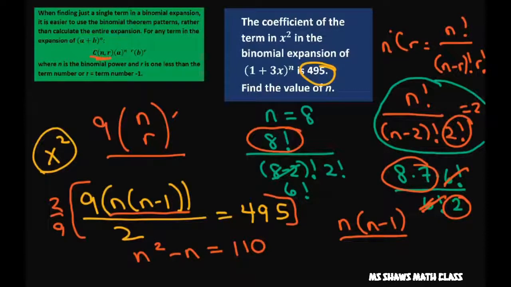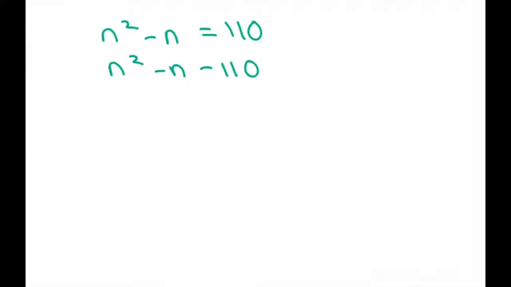All right, so now n squared minus n equals 110. So move that over since it's quadratic in form, and we're going to factor this, set it to 0.